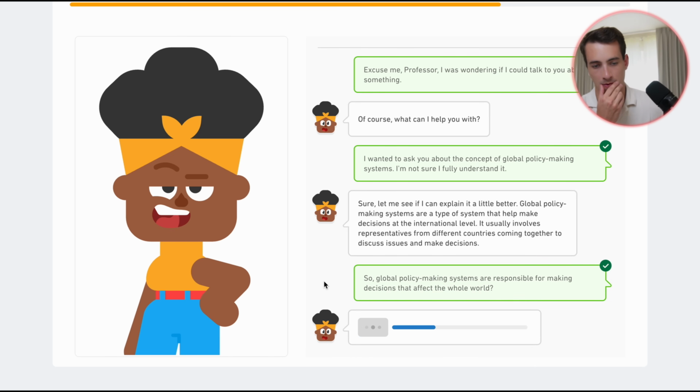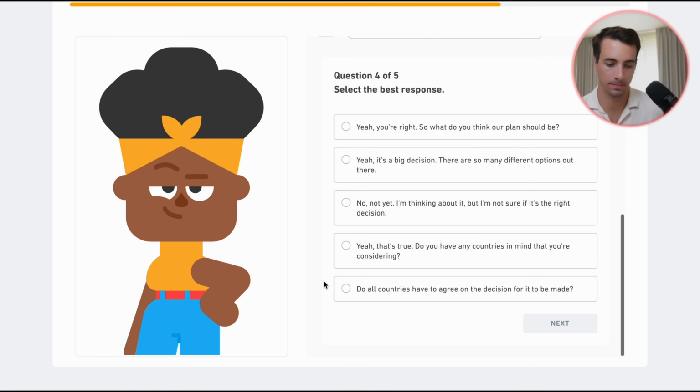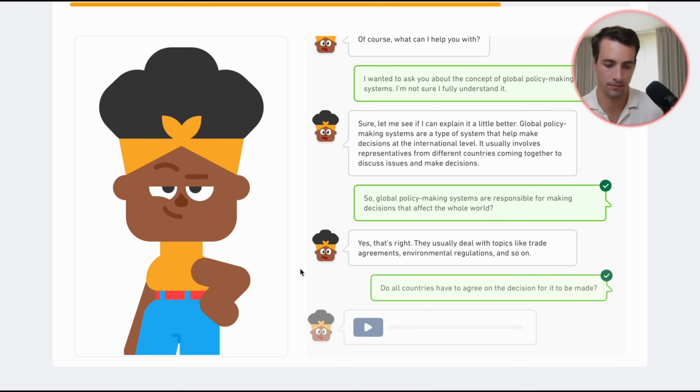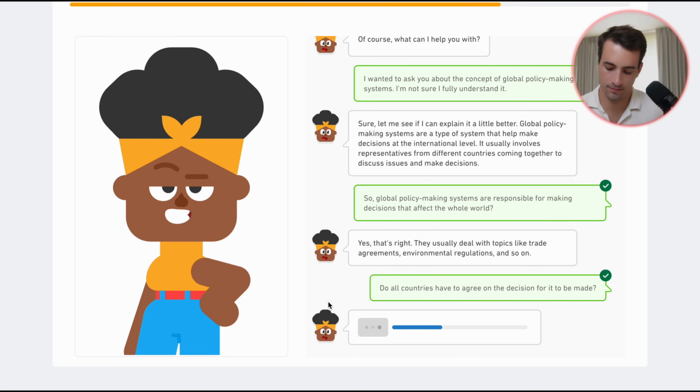They usually deal with topics like trade agreements, environmental regulations, and so on. No, not all countries have to agree. But usually a majority of countries need to be in favor of the decision for it to be made.